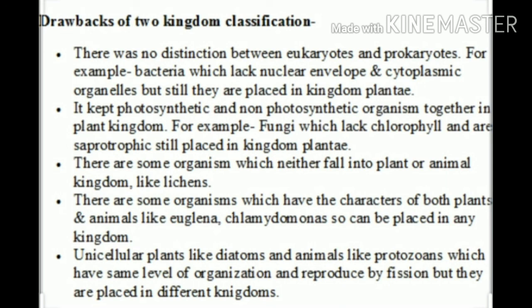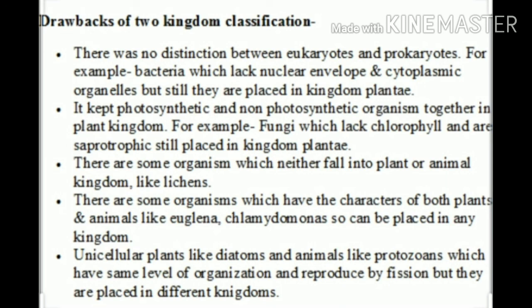For example, Euglena has characteristics of plants because it can prepare its own food, and it has the characteristic of an animal because it can move around, or it shows locomotion. But it was placed under kingdom Animalia, though it could prepare its own food.